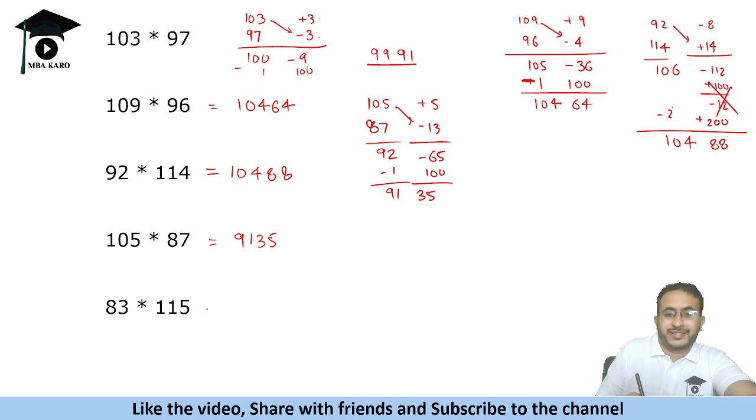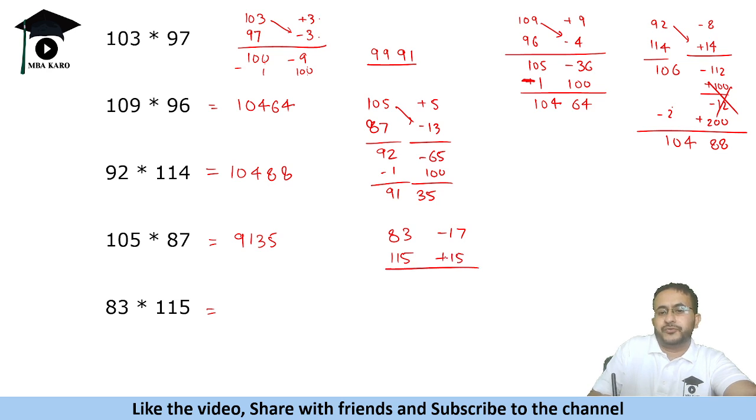So let us look at this last example as well. 83 into 115. Now 115 is basically 100 plus 15 and 83 is 100 minus 17. 17 into 15 is 255, so 255 minus, and this is 98.